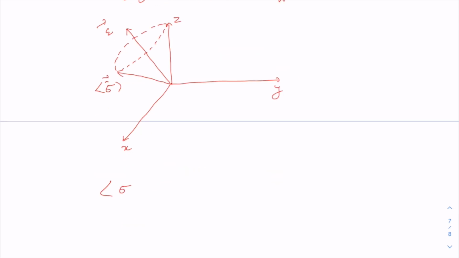The expectation value of the Pauli vector is also known as the Bloch vector because it completely characterizes a two-level system.